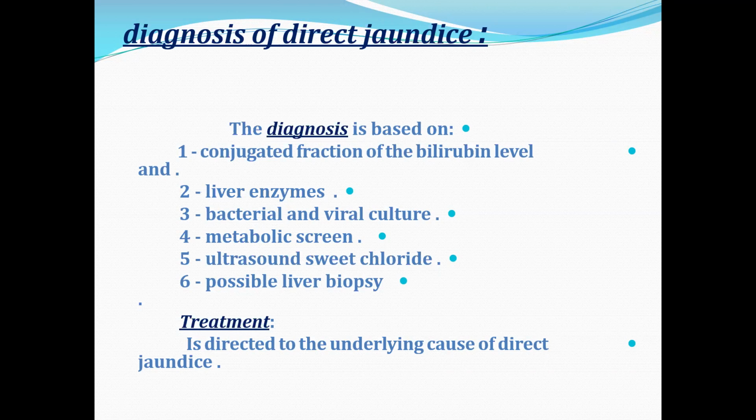So keep the causes of direct jaundice in your mind in every newborn delivered with a high level of bilirubin that is outside of the physiological level and outside the hemolytic causes.